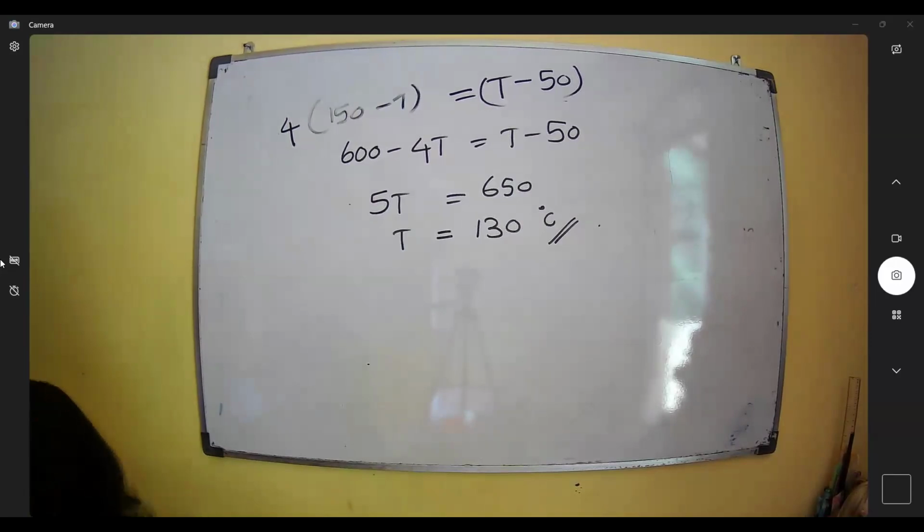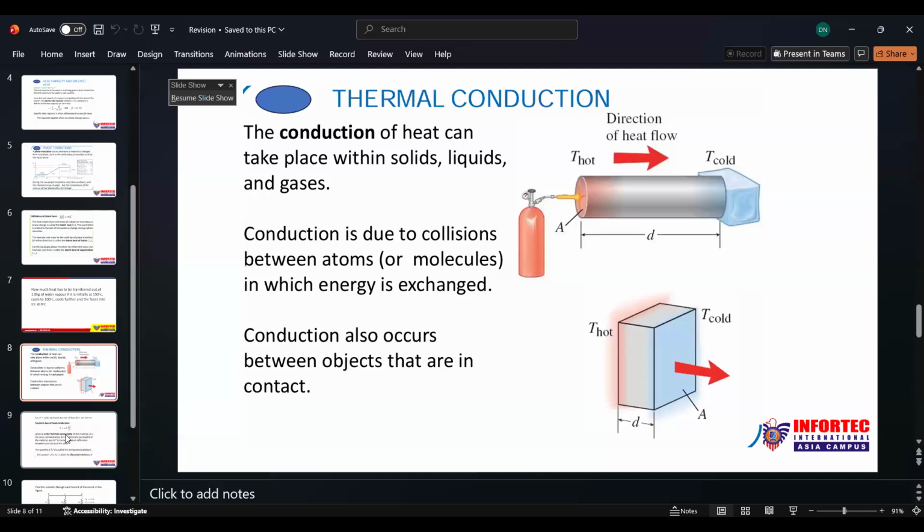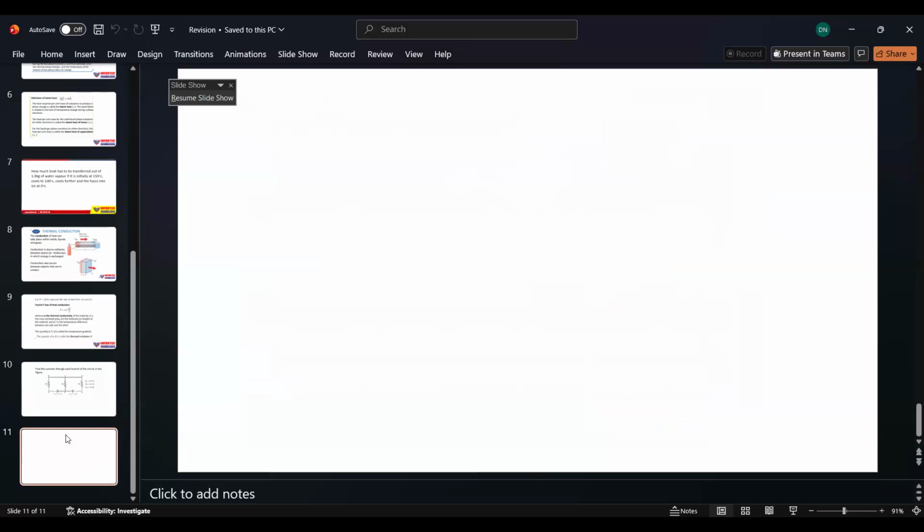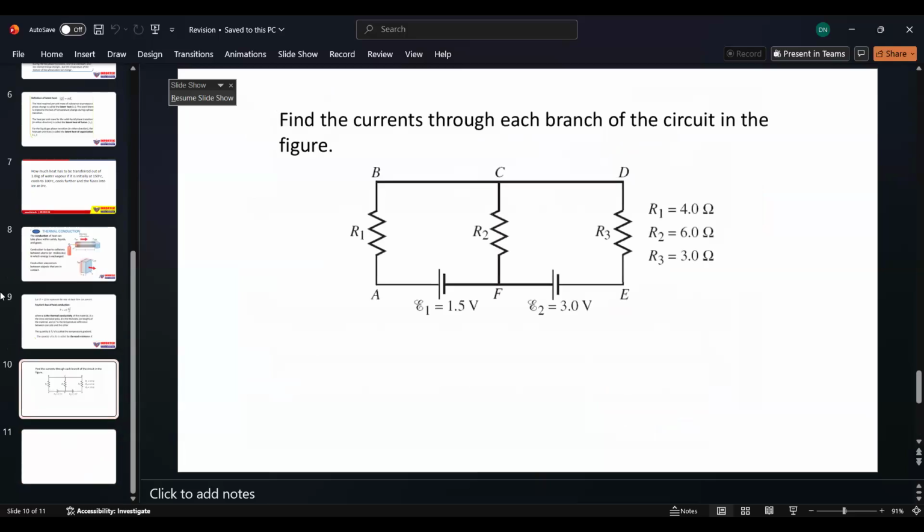Right. The next part is electricity one, right? Before moving to that, I'll share our electricity note.